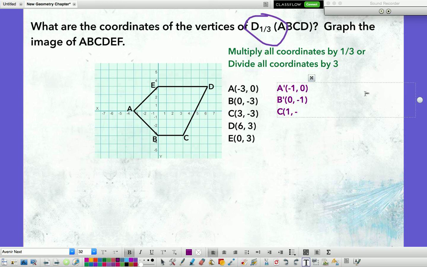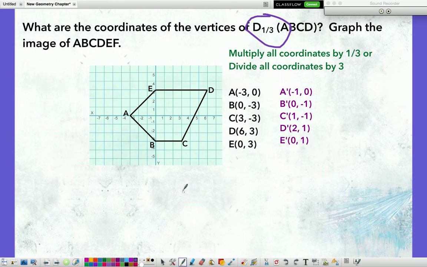C prime is 1, -1. I forgot my prime. Sometimes it's just easier to type because of my stylus issues. 6 divided by 3 is 2. 3 divided by 3 is 1. E prime is 0, 1.